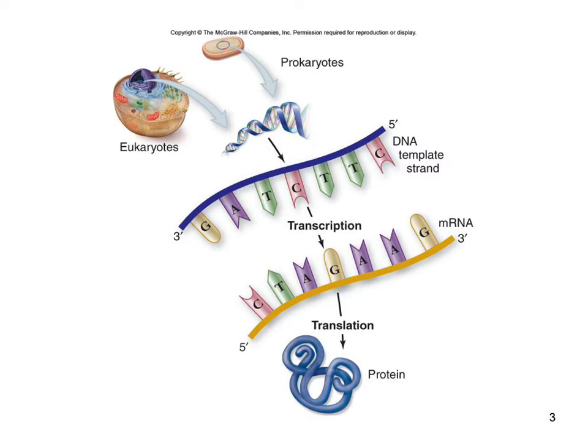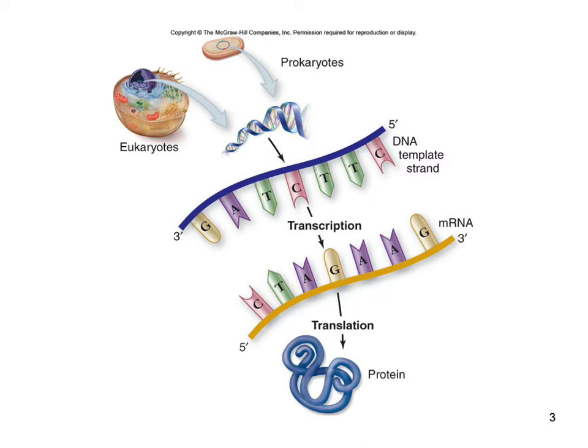When you're copying something, you are rewriting it in the same language, but you are using your own handwriting. So going from DNA to RNA, you're still in the language of nucleotides, and you're just simply switching from DNA nucleotides to RNA nucleotides. And that's like having a different handwriting, but staying in the same language.